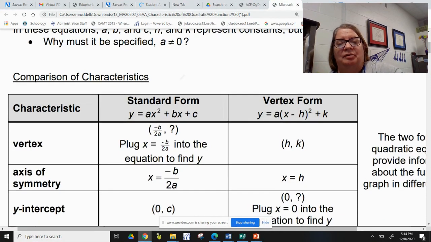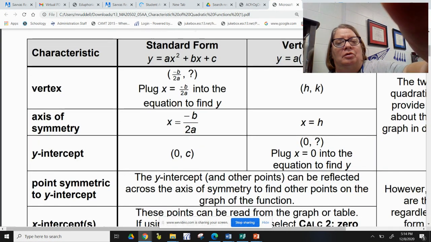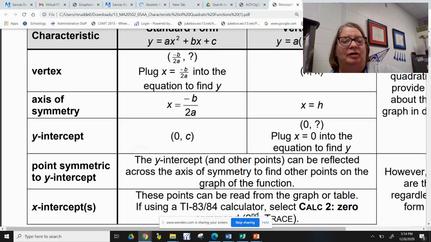This table is going to be really helpful for you. It tells you how to find the different parts or characteristics of a quadratic function from the vertex. You can find the vertex, the axis of symmetry, the y-intercept, and the point symmetric to the y-intercept. Let's take a look for a minute at a quadratic function.